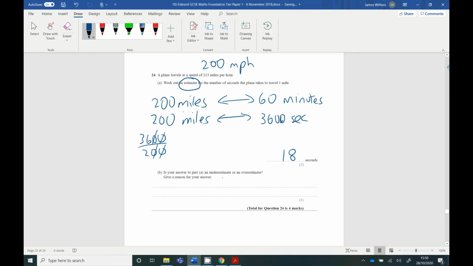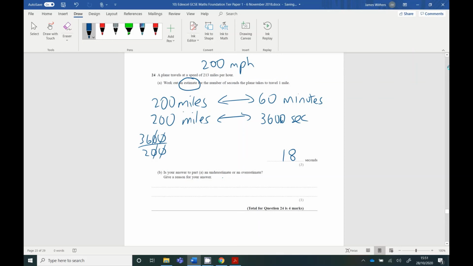Now, is your answer to part A an underestimate or an overestimate? Well, we've gone and assumed with our estimating that we're travelling at only 200 miles per hour, where in fact we're travelling faster than that. So our 18 seconds is actually going to take us less time than that, because in reality we're travelling at 213 miles per hour, not 200. So it's going to take us less than 18 seconds.